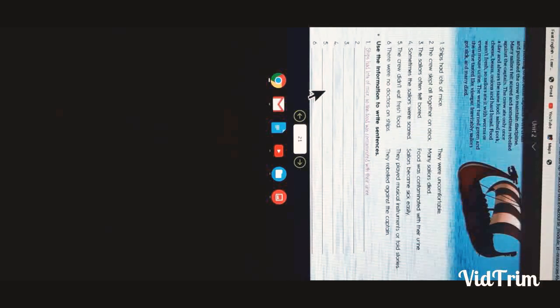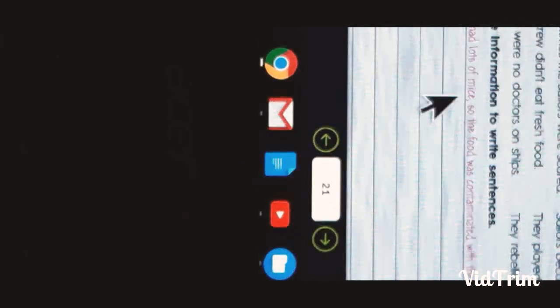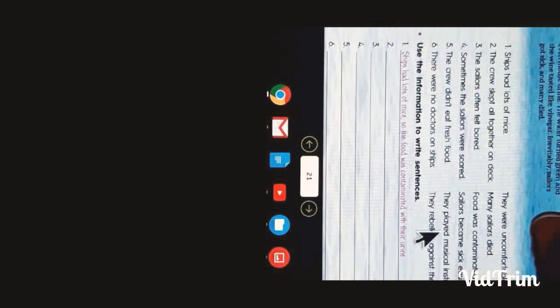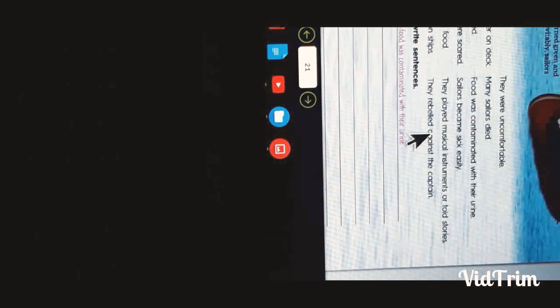For example, sentence number 2: the crew slept all together on that, so, comma. The most important thing here, look at it: comma, so the food, or in this case, because it's number 2, they rebelled against the captain.